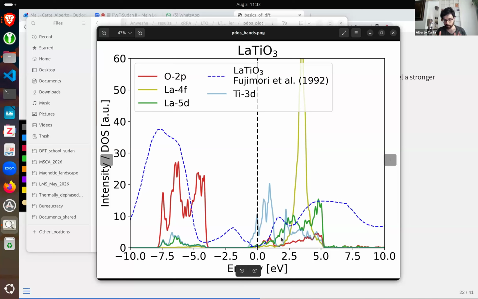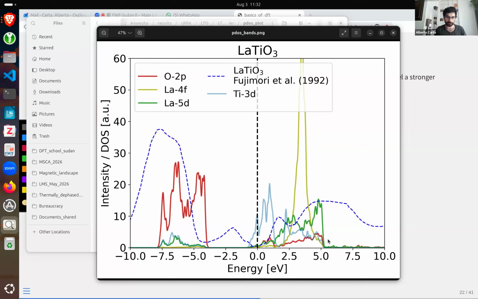This is one of these materials, and this happens a lot with DFT. There are a lot of materials where DFT gets it wrong, and then you need to use corrections. You need to use complicated functionals, or a more complicated treatment in order to get the physics right.